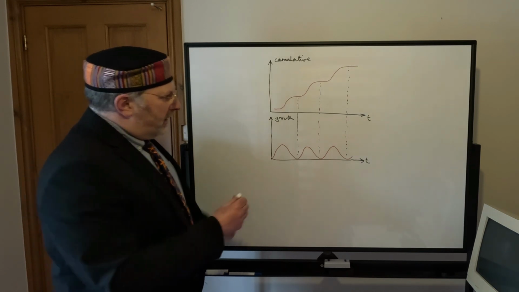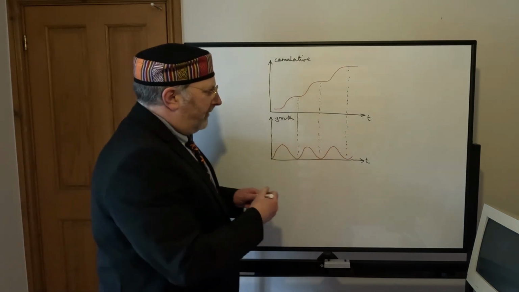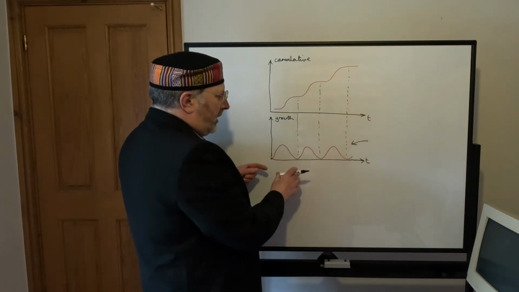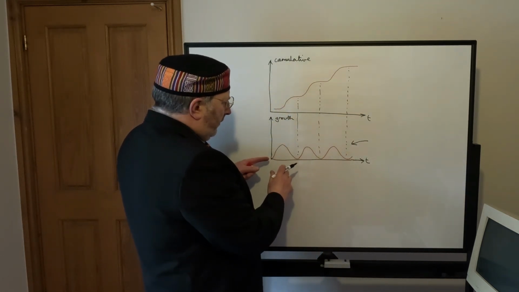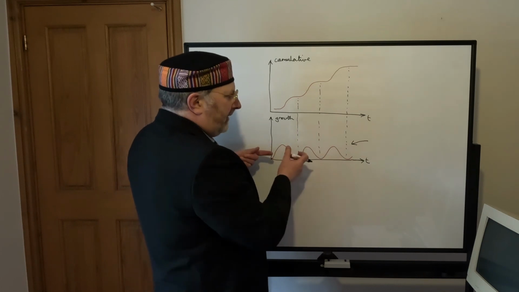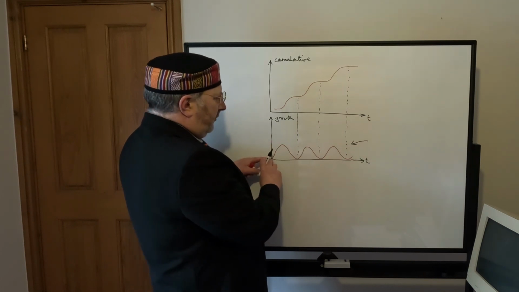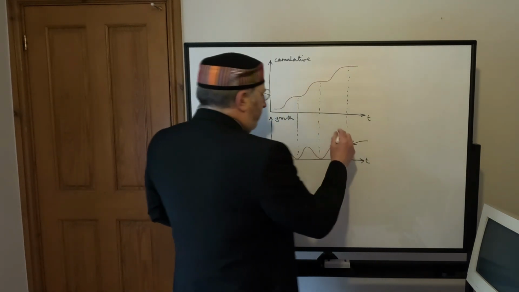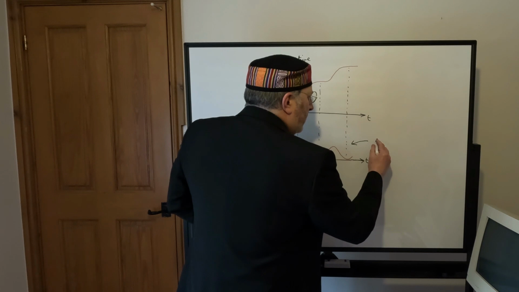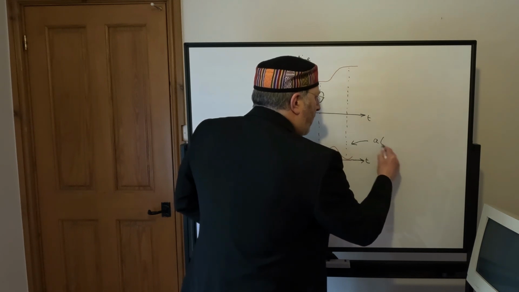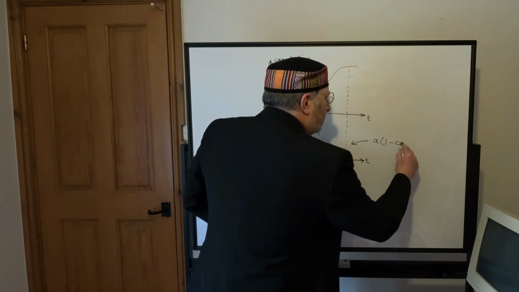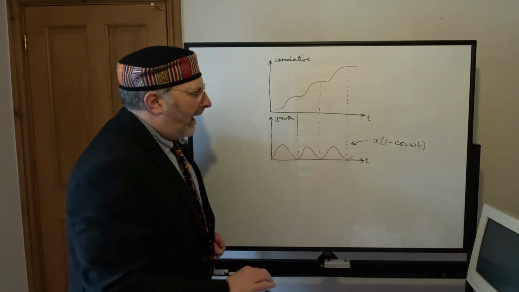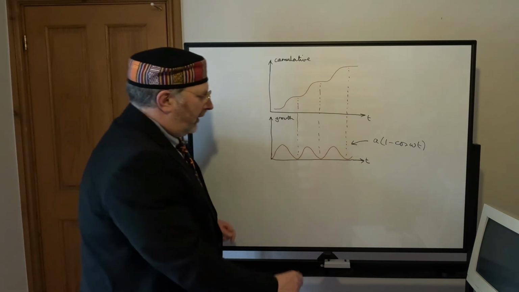And I said that this curve is not just a cosine, because it's shifted up and it's also flipped over so that it starts at 0 and it never becomes negative. So if this has the equation of, in general, A times 1 minus cosine omega t.